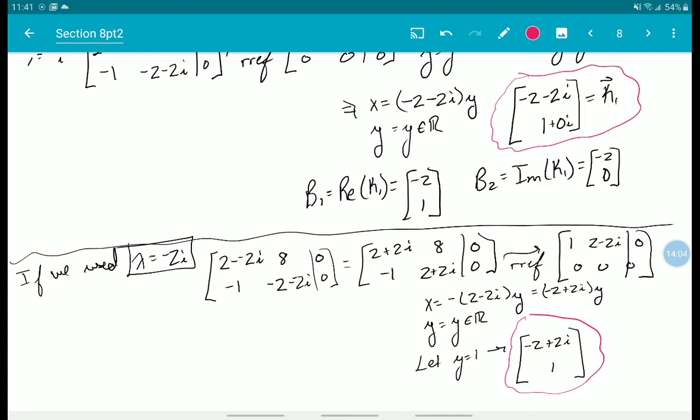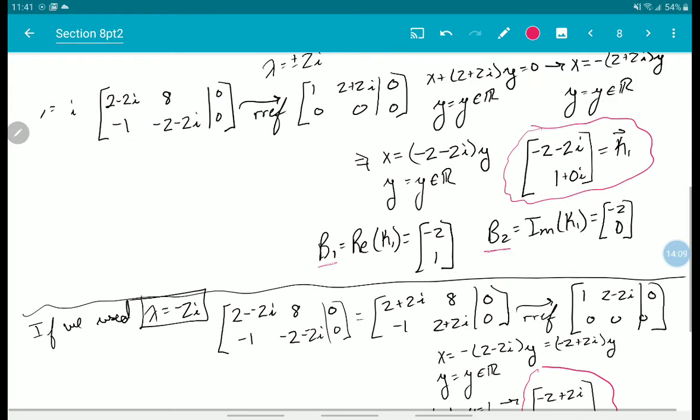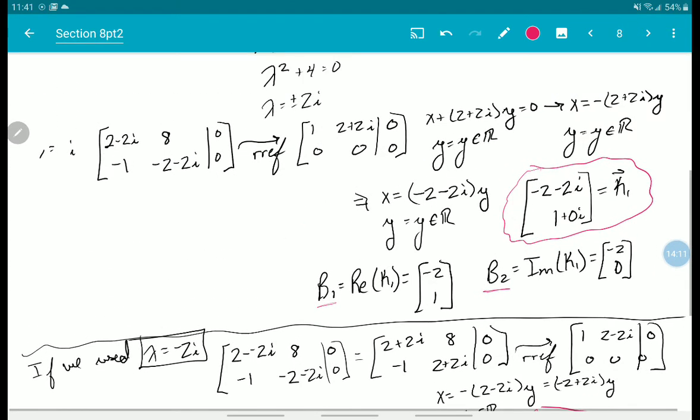So we have our B1, we have B2. We also know alpha and beta.